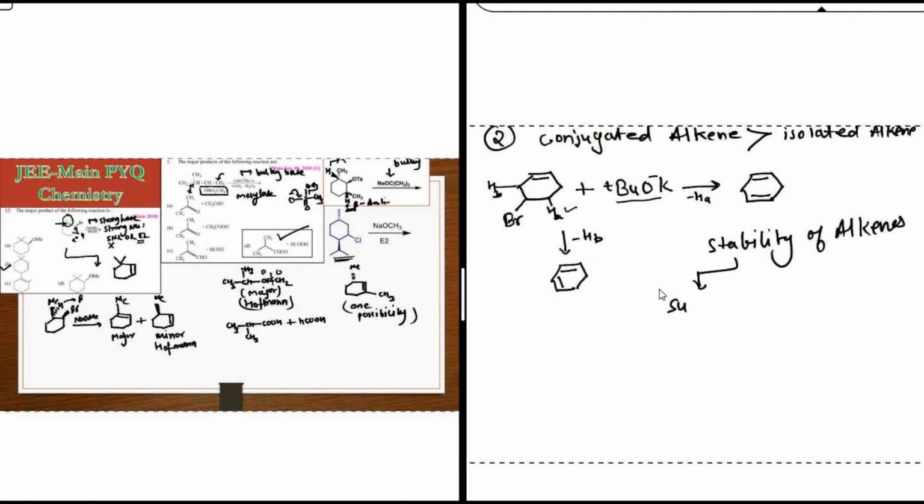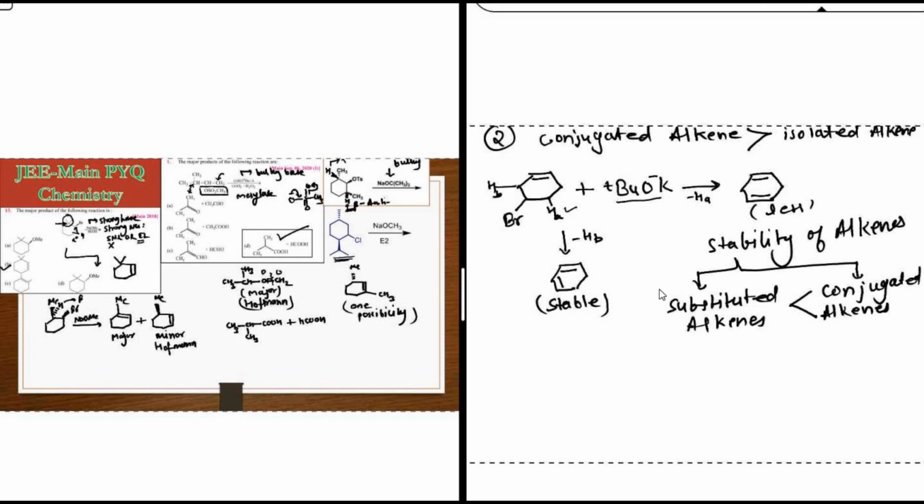One is the substituted alkene and another is the conjugated alkene. And remember that conjugated alkenes are more stable than substituted alkenes. So whenever you get the chance to make a conjugated alkene over a substituted alkene, then make the conjugated alkene. So here this one is more stable and this one is less stable because of the conjugation of the double bond, but the substitution is the same here.